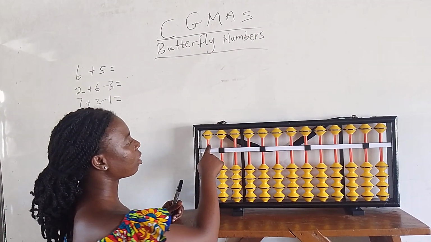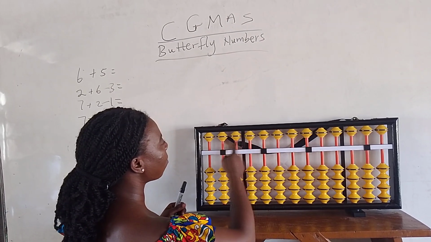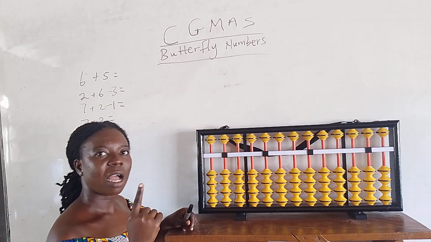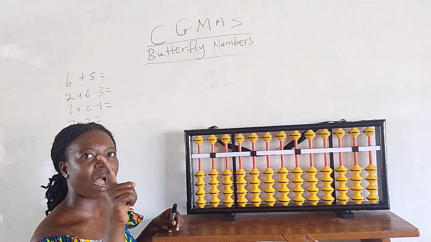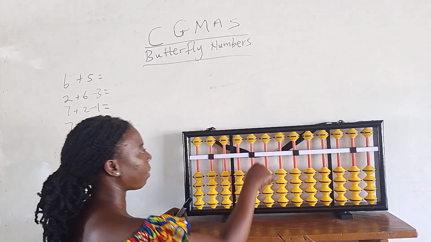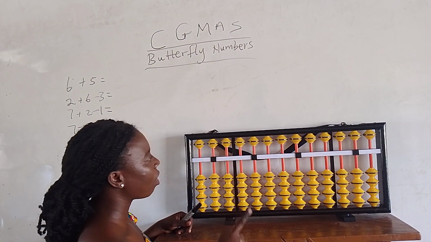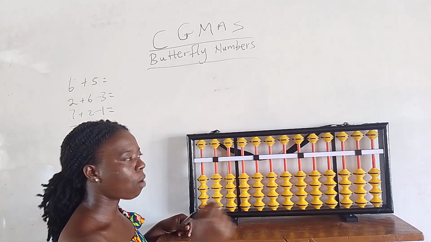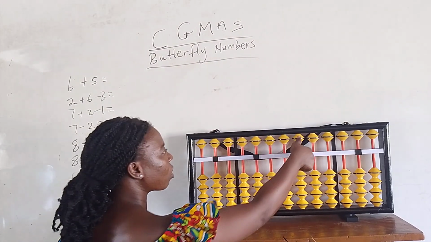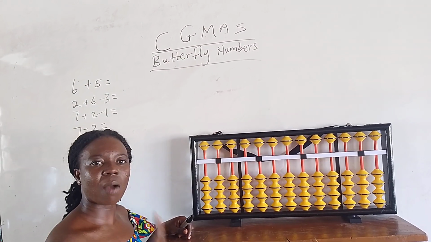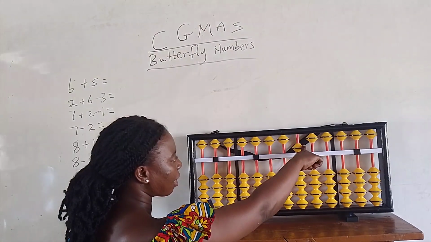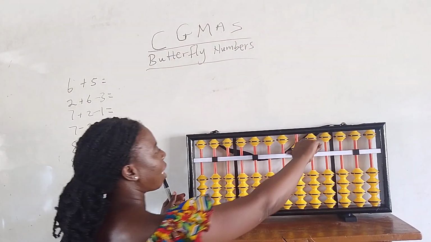Because 5 is at the upper bead level, when we are adding numbers at the upper bead, we use our index finger to add them. So because 5 is here, even though we are doing plus 5, we will not use our thumb. No. We will use our index finger to add. Then we use our thumb to subtract.